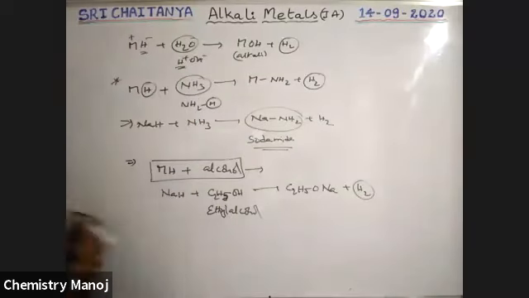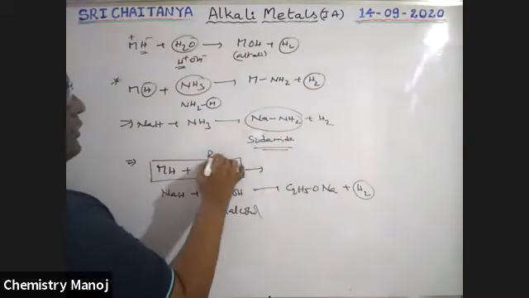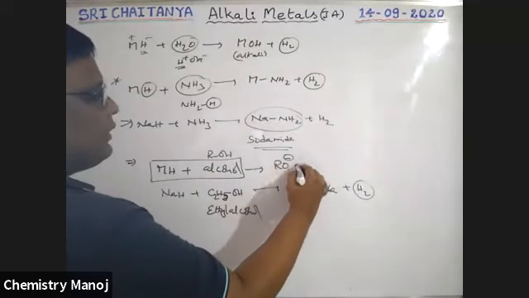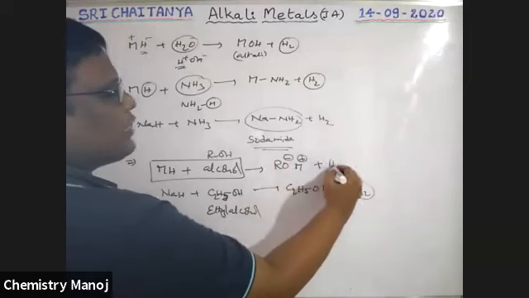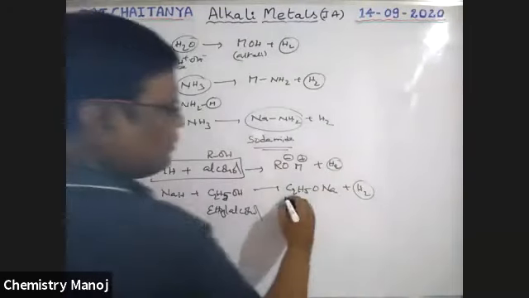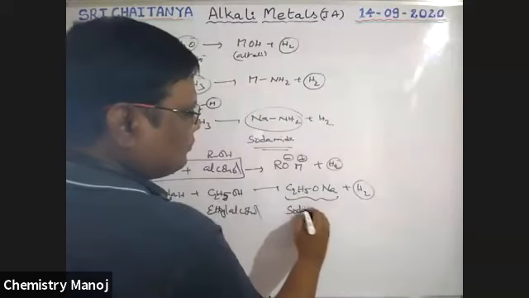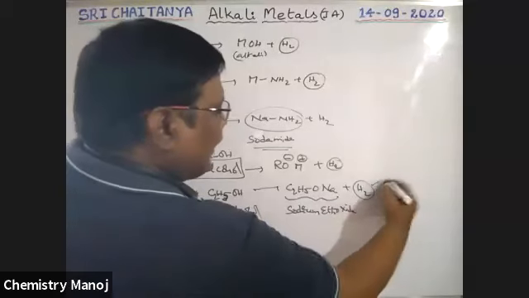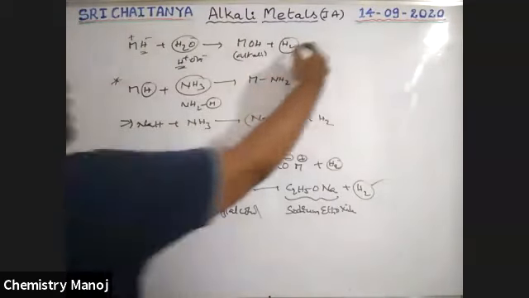Here also hydrogen gas is liberated, boys. If I represent alcohol as ROH, it gives RO minus, M plus, plus H2 as the product. This is called sodium ethoxide.